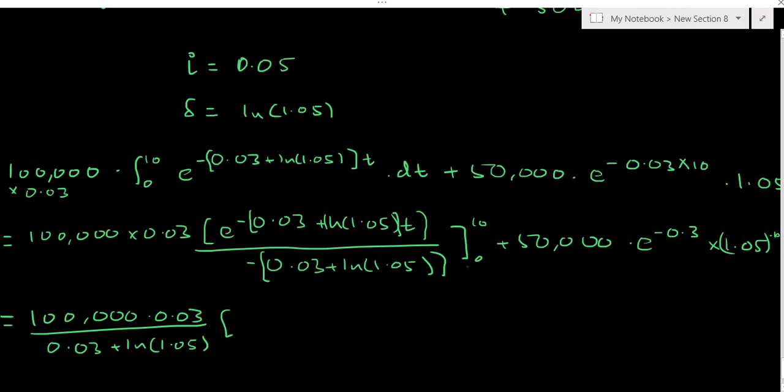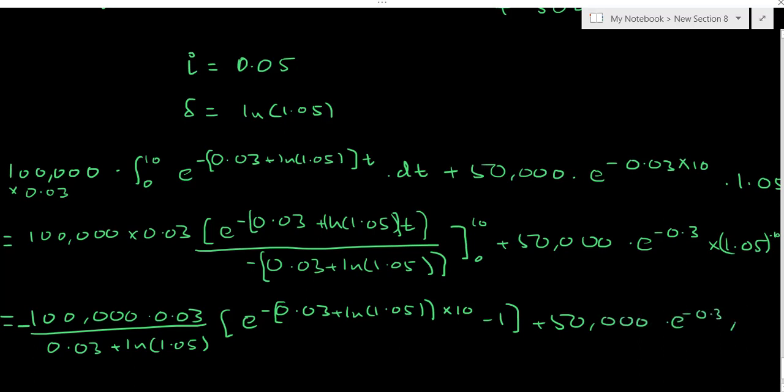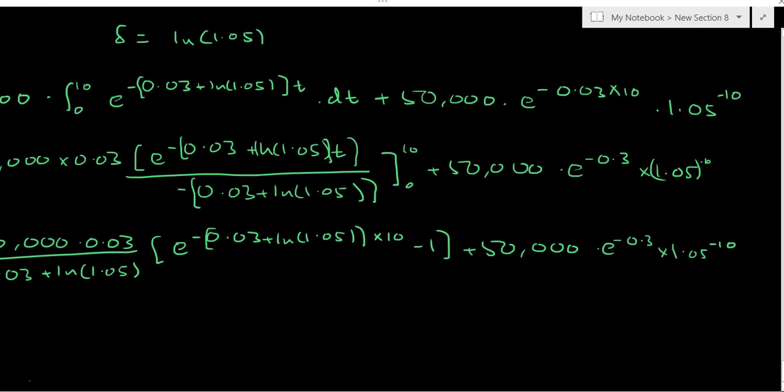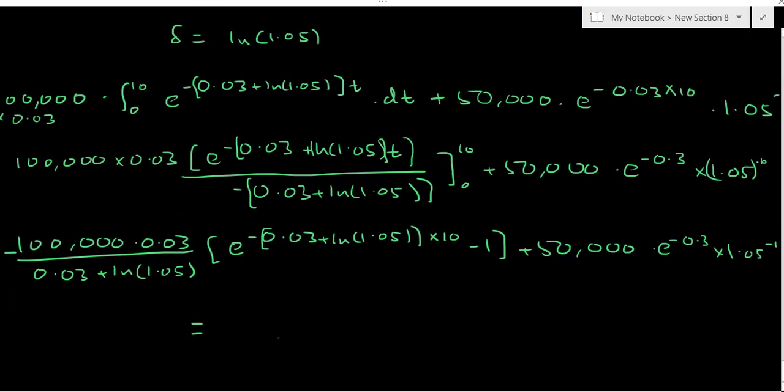Since I've got a minus sign here, let's put it outside, and this becomes e to the power of minus 0.03 plus log of 1.05, into 10 minus 1. Cool. So this is what I have, plus 50,000 into e to the power of minus 0.3 into 1.05 to the power of minus 10. Cool. Now let's evaluate this using a calculator.